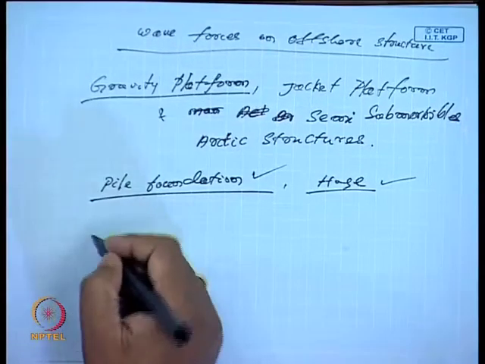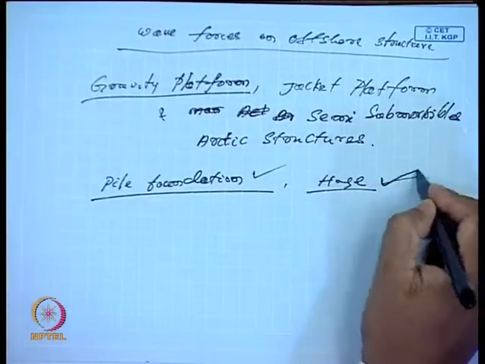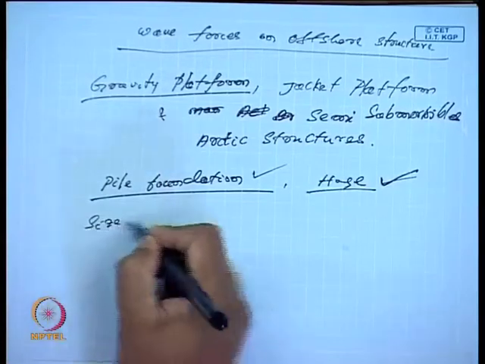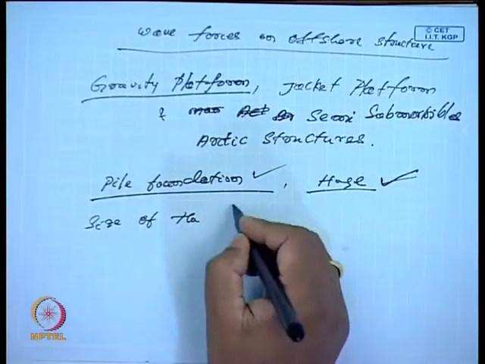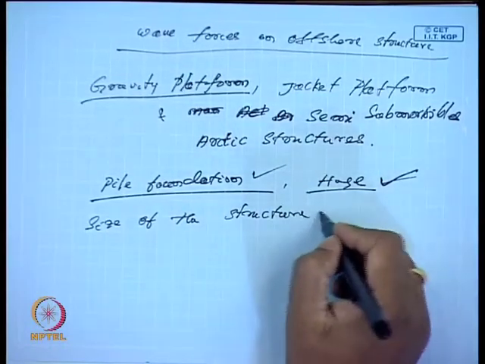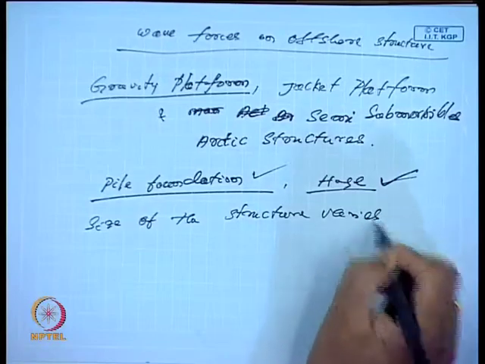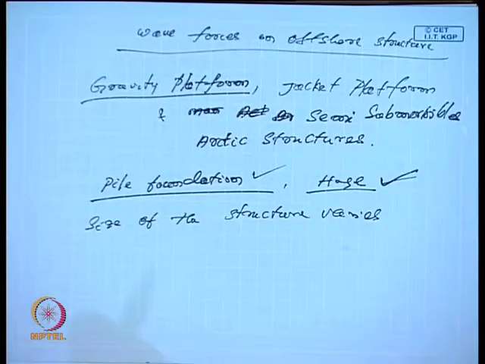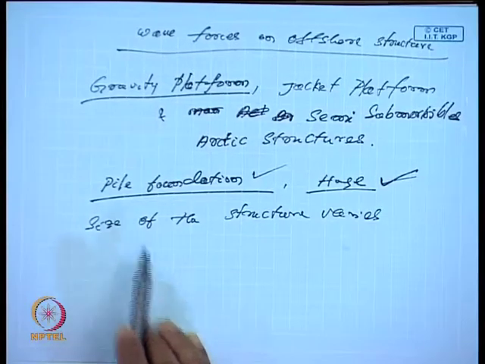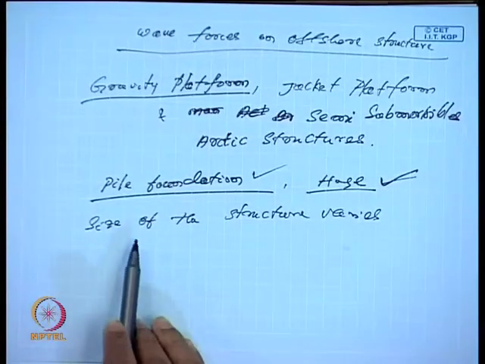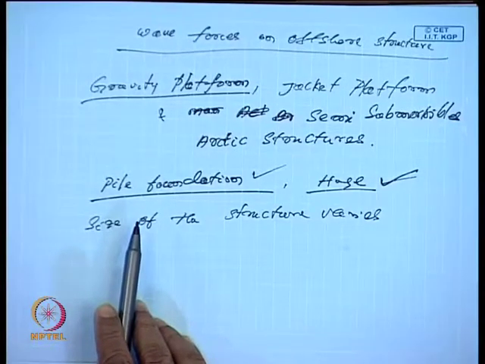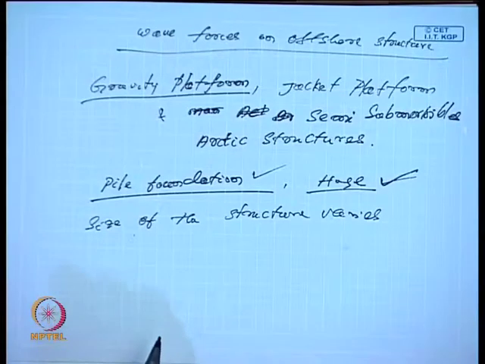So, to calculate the wave load on these structures, the size of the structure varies. When I look at the size, I always mean the diameter, or the radius of the structure, because all the structures I am talking about here today extend from the free surface to the bottom seabed.